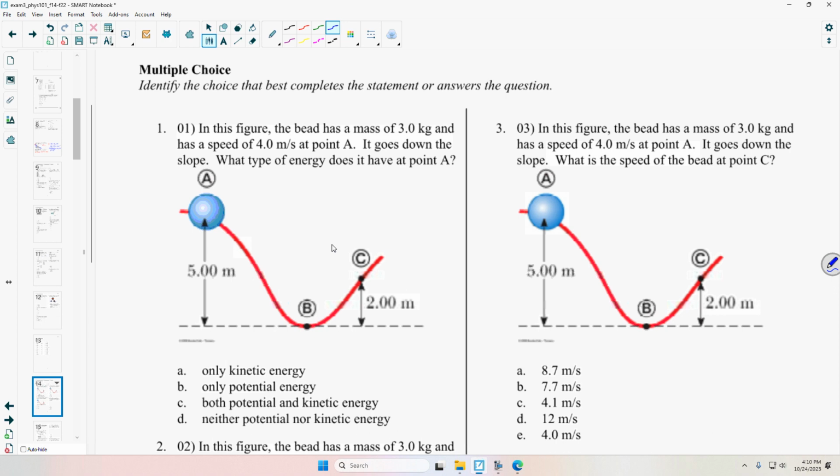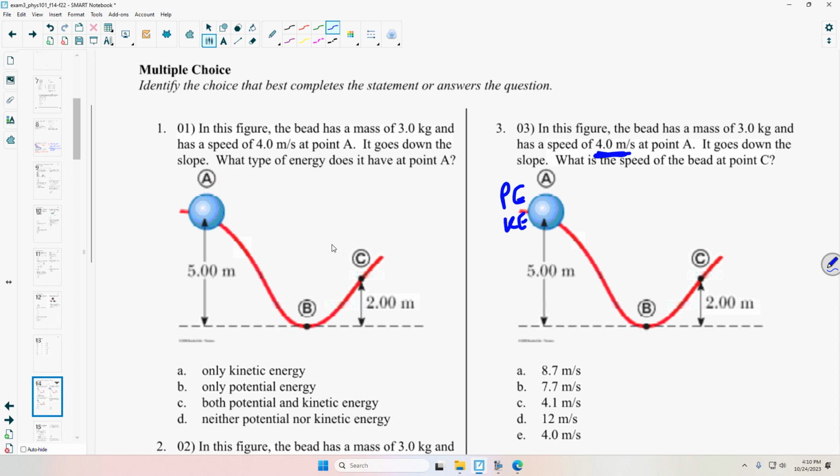Also recognize that at point A, not only does it have a height, but it also has a speed. Whenever I do these, I always start just by labeling the type of energy. I have potential energy and I have kinetic energy because it has a speed. I just have to read the problem carefully to find out, is it moving or is it not moving?